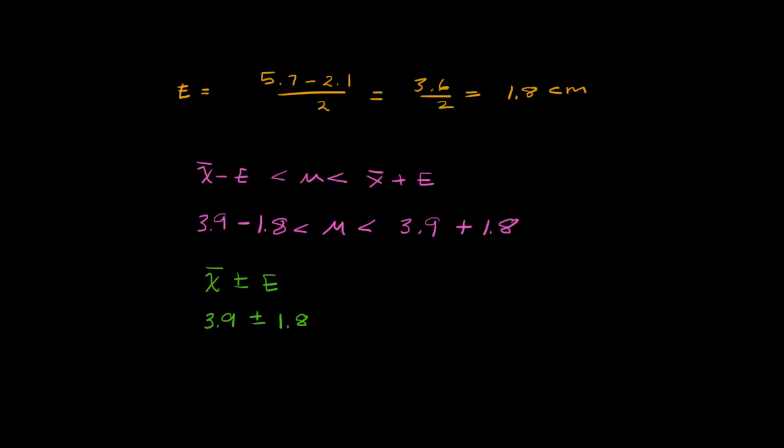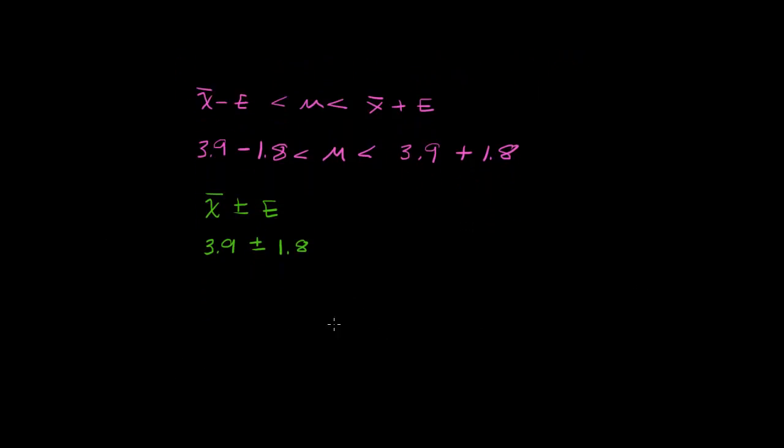And finally, the last way was that interval notation, where we say x bar minus E is the lower level in our interval, the low number, and x bar plus E is the high number in our interval. So 3.9 minus 1.8, comma, 3.9 plus 1.8. Three ways to indicate this.